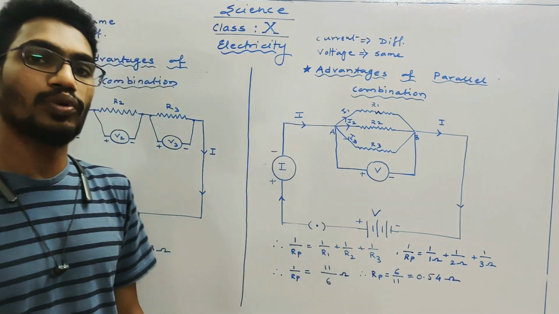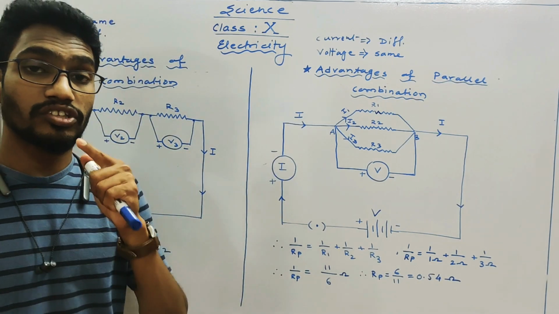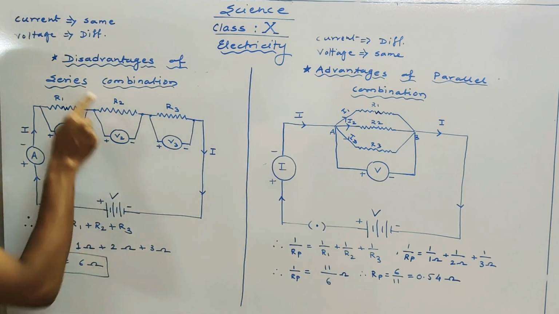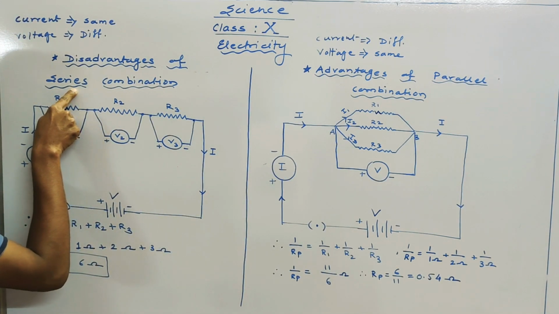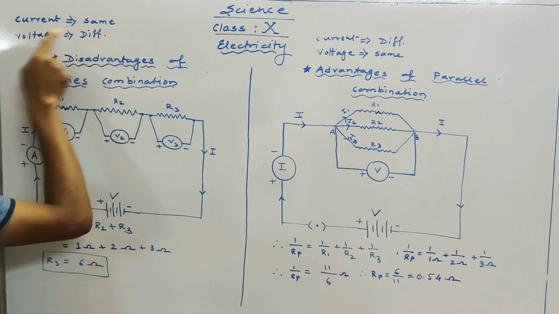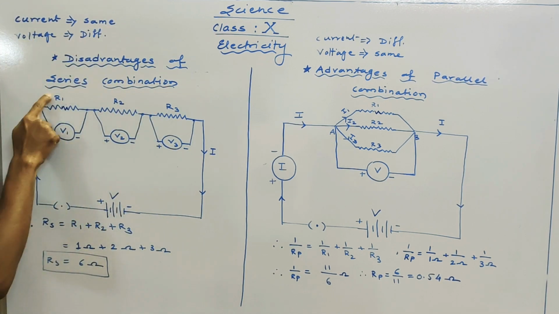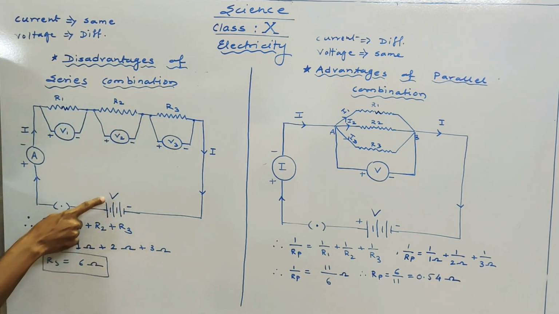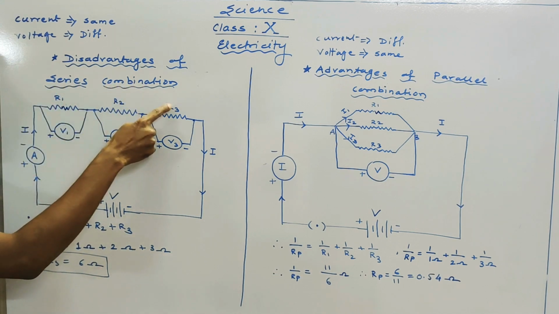Okay, now moving towards the third one, and this is the important one. Concentrate. In the case of series combination, the current flowing through all the resistances is the same, but the voltage provided to R1, R2 and R3 is different. It is shared. The total voltage is provided V, but it gets shared among R1, R2 and R3.